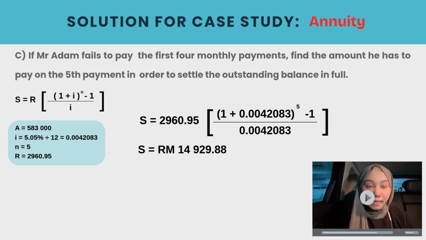Now we calculate S equals 2,960.95 multiplied by ((1 plus 0.0042083) to the power of 5 minus 1) divided by 0.0042083. That gives us RM40,929.88.